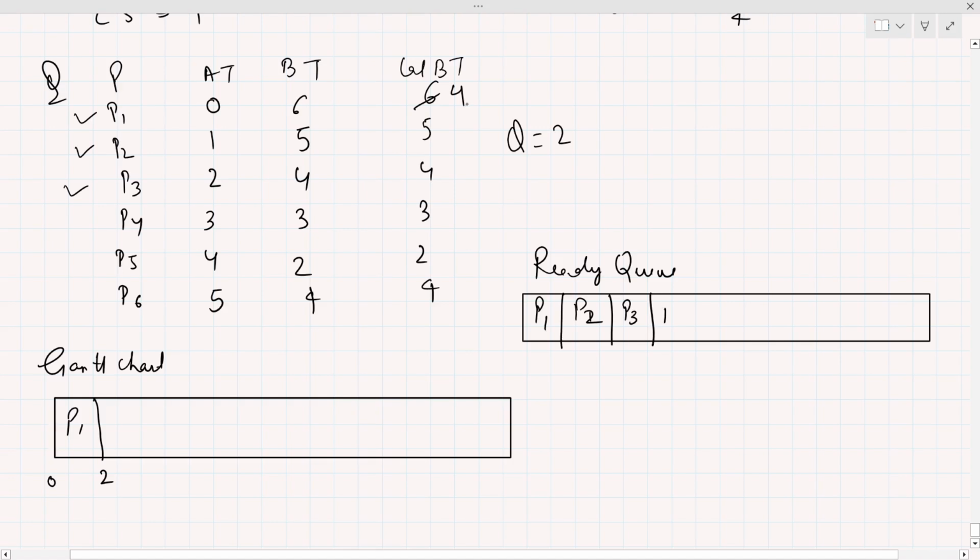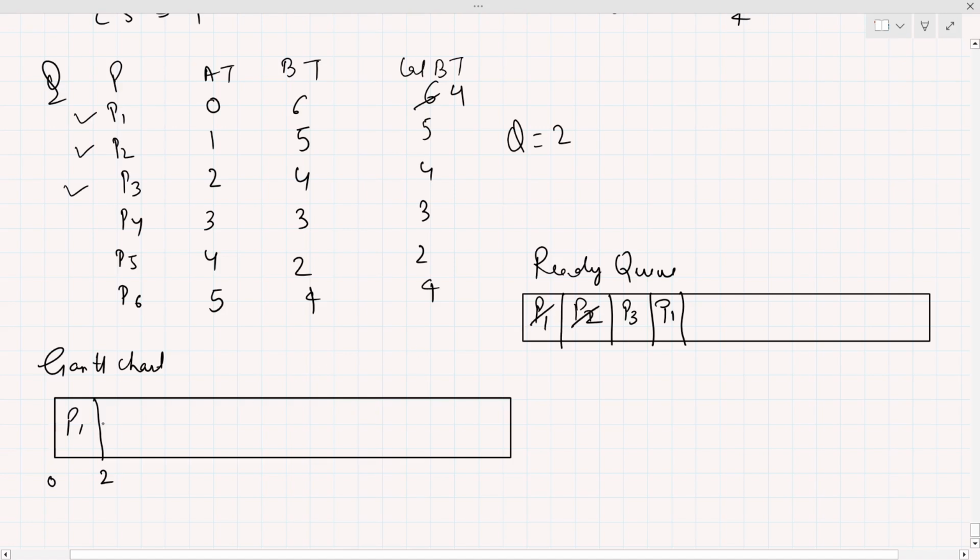After that, because P1 is not completely executed, P1 comes after adding these processes. This is a very important thing you have to remember. First of all, you add the processes that come at this arrival time, then you add the process you ran if there is burst time left.